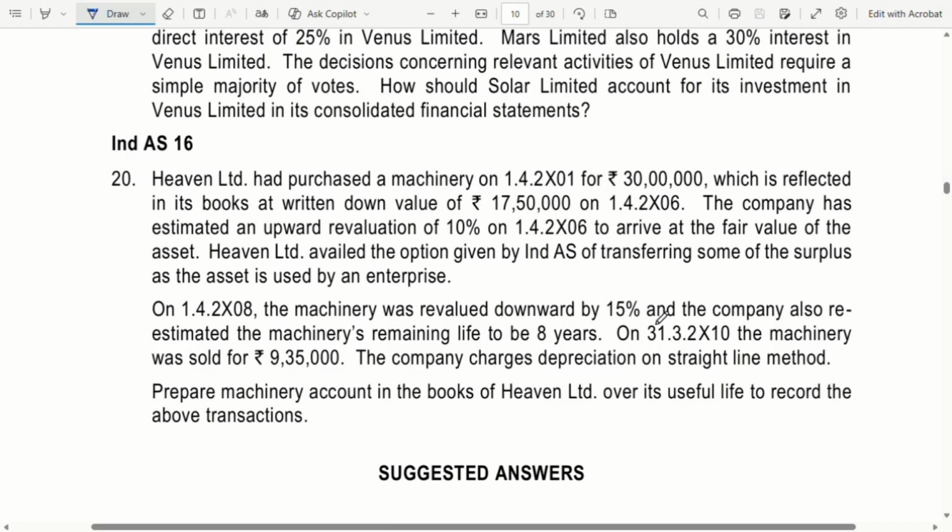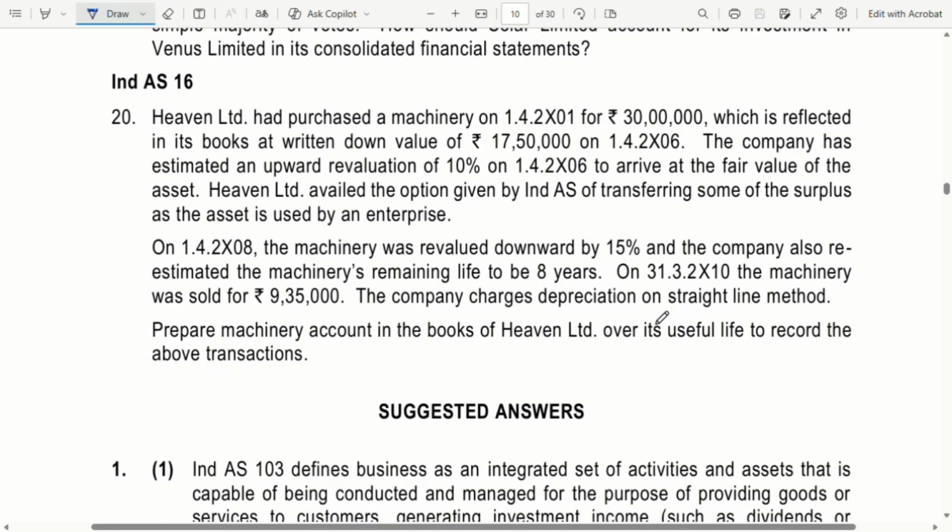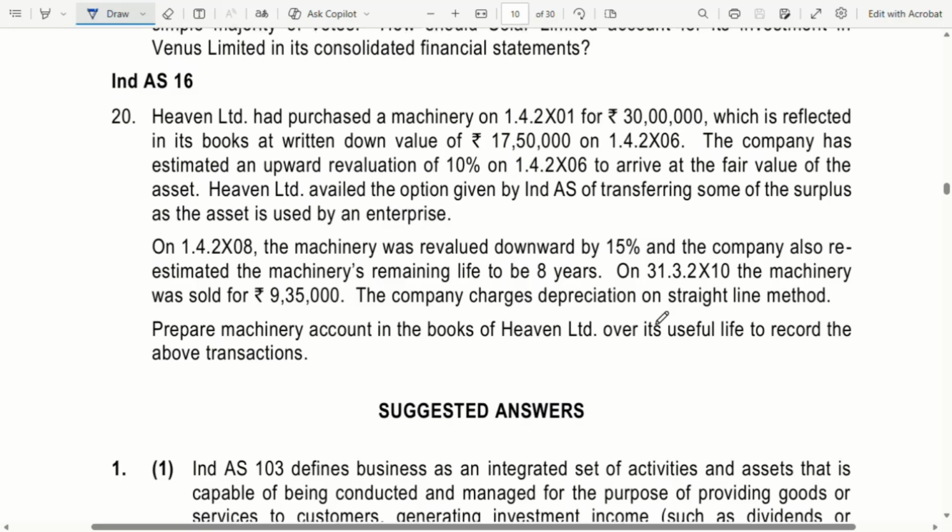So before starting this question, I wanted to discuss the concept of revaluation surplus. So suppose when we are doing revaluation and we are getting revaluation gain, so that revaluation gain we will record in revaluation surplus.